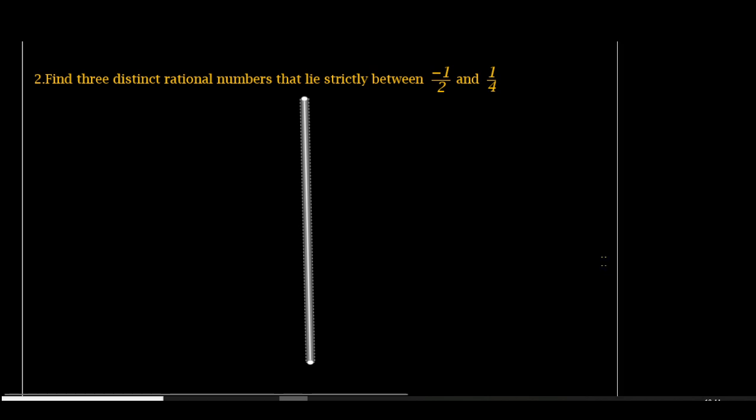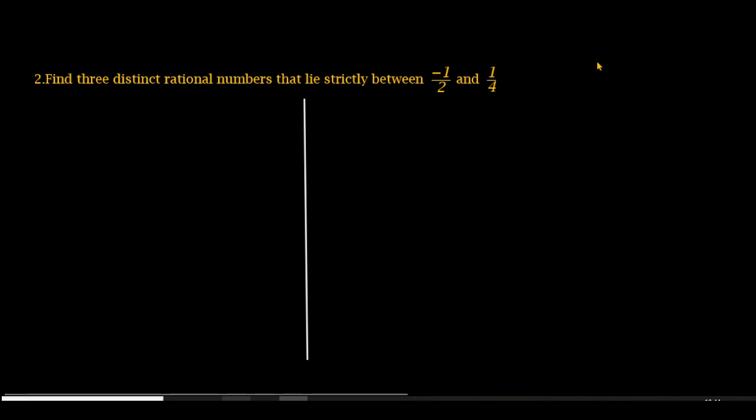One way is finding the average of these. Another way is making equivalent rationals and finding numbers in between. Otherwise, decimals. 3 ways are there. We will see 2 ways. Okay, so look at the first one, that is average.